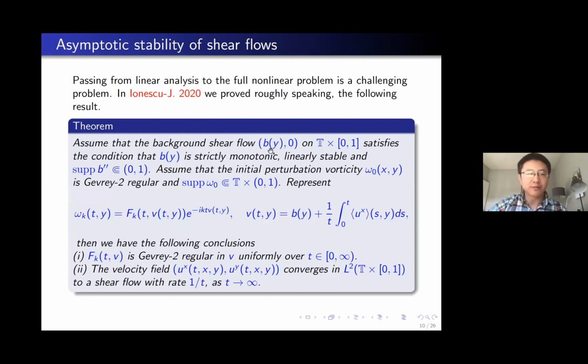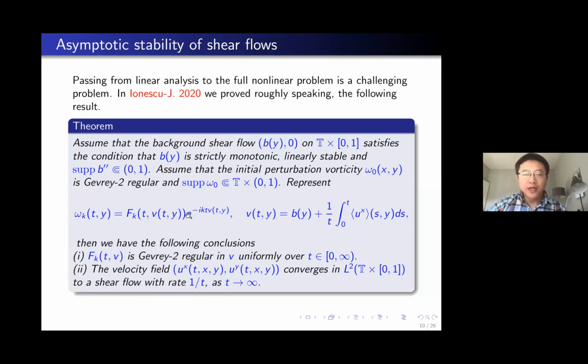You assume that the background flow is monotonic, linearly stable, and linear near the boundary. Then we can write the vorticity field. This is now the nonlinear problem. The omega k, the k-th mode of the vorticity field of the solution to the nonlinear 2D Euler equation, can be written as a profile times this oscillatory factor.